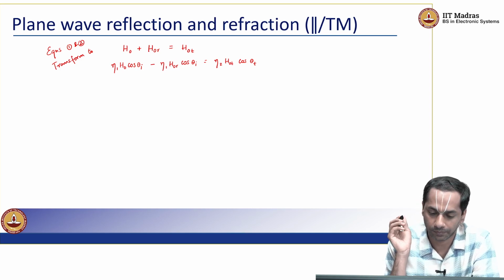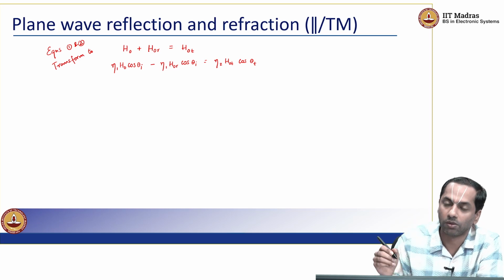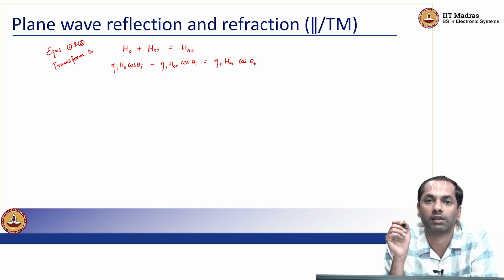Okay. So, at this point it is important to define a few new quantities, and we are going to do this particularly because we want to invoke the homomorphism between the plane waves from Maxwell's equations to the voltage and current waves in transmission lines.